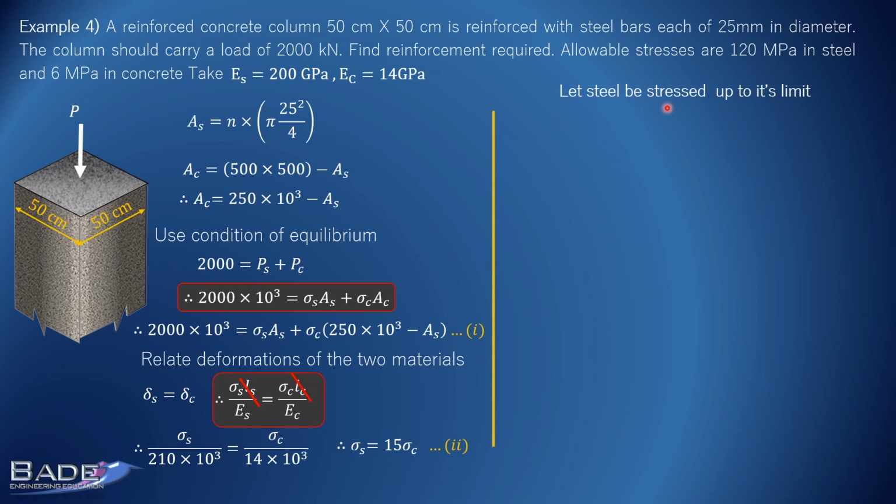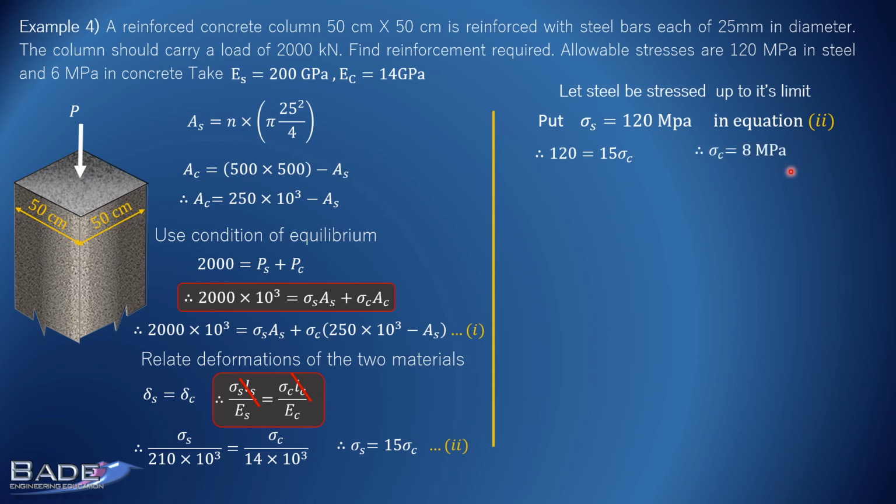Okay. So that is why we are proceeding in this manner. Listen, let steel be stressed up to its limit. What does that mean? Under this 2000 kilonewton load, let stress in steel be 120 megapascal. So put sigma s equal to 120 megapascal in equation 2 and check what we get. So 120 equal to 15 sigma c.